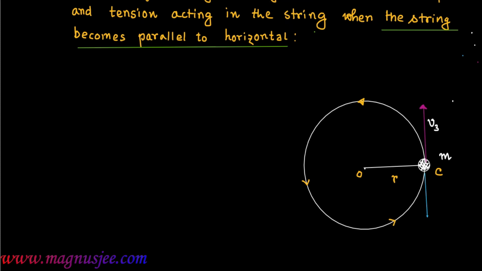At C, the weight of the body, that is mg, acts vertically downwards, and a tension T3 acts in the string towards left along CO. Tension T3 acts radially inwards along CO, and this tension T3 provides the necessary centripetal force Fc3 at the point C. We have to find the expression of T3 and V3.